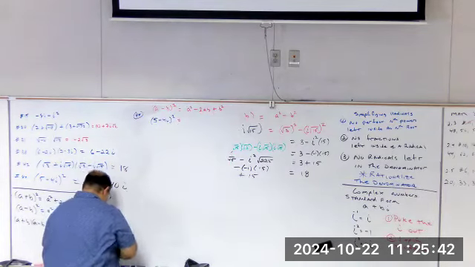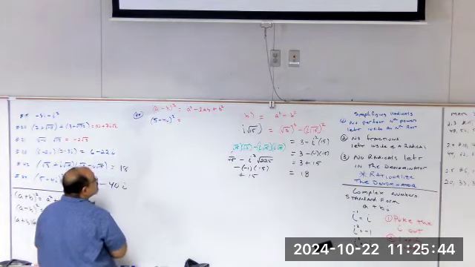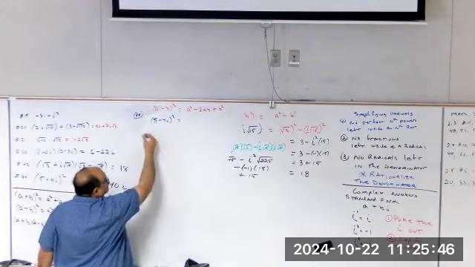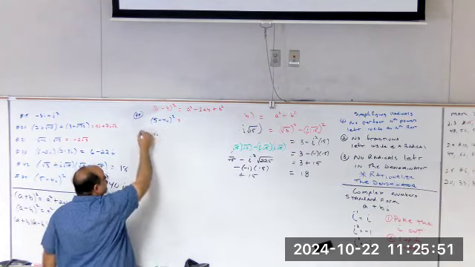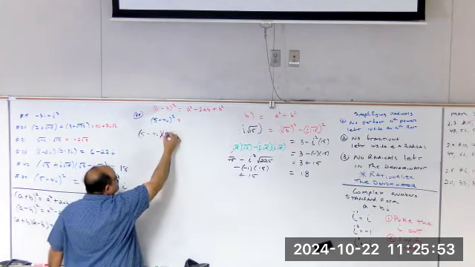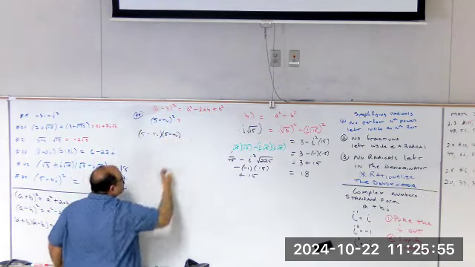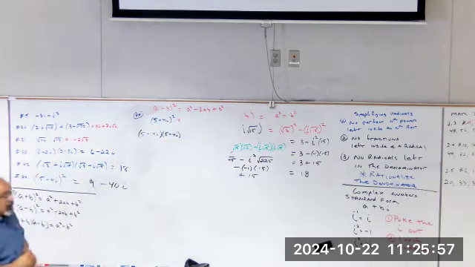Or FOIL it out. This is 5 minus 4i times 5 minus 4i. Whichever way to get it right.